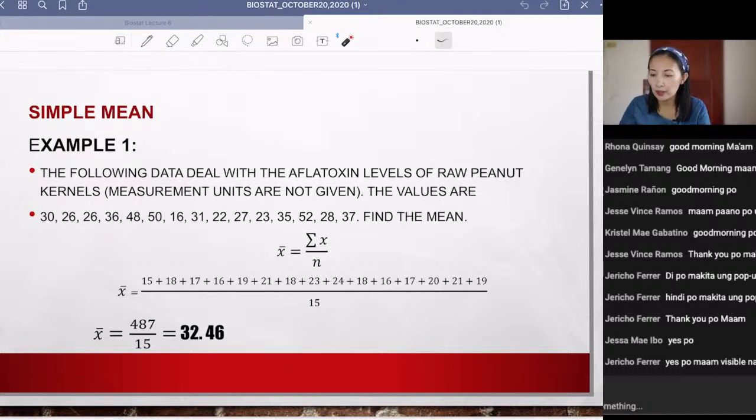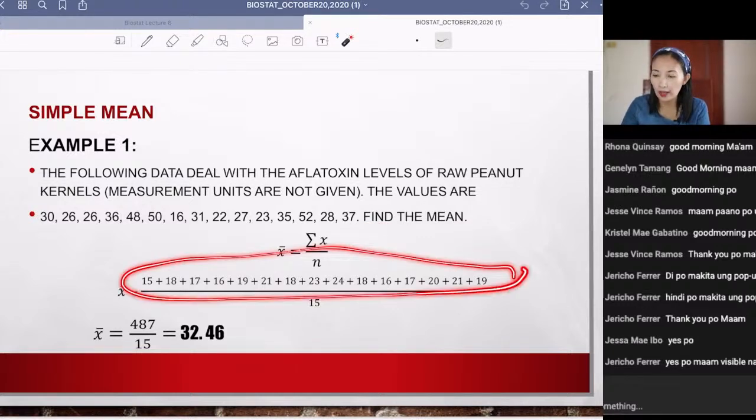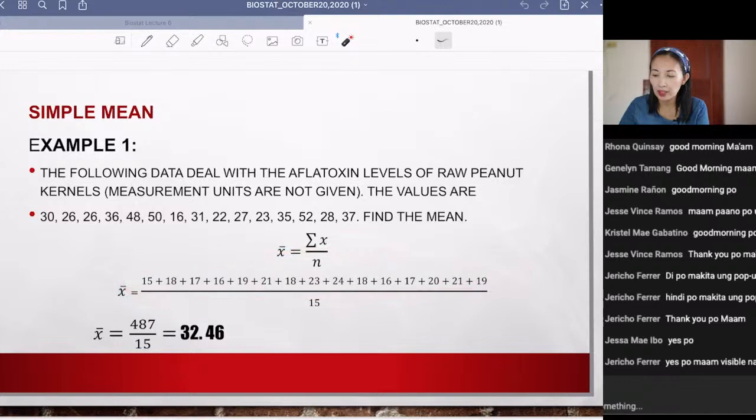How many values are given? 2, 4, 6, 8, 10, 12, 14, 15. Fifteen values, and we are to find the mean. So we simply add up all the values, divided by 15, and that's equal to 32.46.